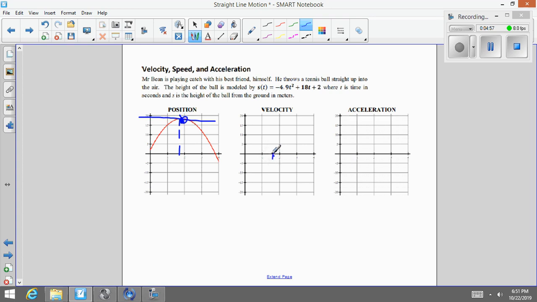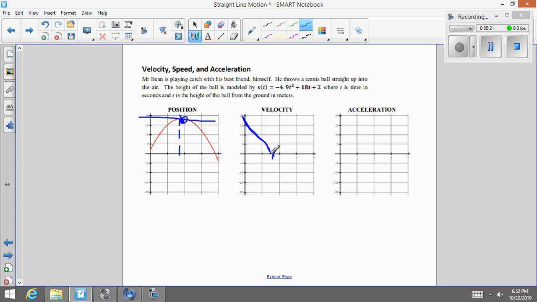Okay, and then since the position function is increasing, we would know that the derivative would be positive. So the graph of the derivative would be above the x-axis.